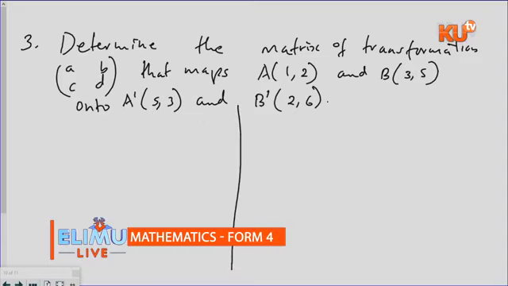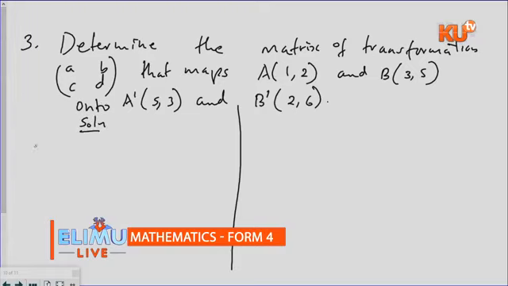Now this is when you are given the object and the image. How do you obtain the matrix of transformation? Again, dear students, remember the procedure we've highlighted before is pre-multiplication of the matrix.